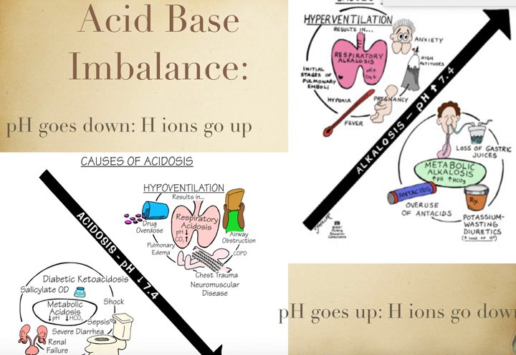And just a word on compensation. Respiratory system is more sensitive to acid-base changes. It can begin compensating in seconds to minutes and last for hours. But the kidneys are more powerful.